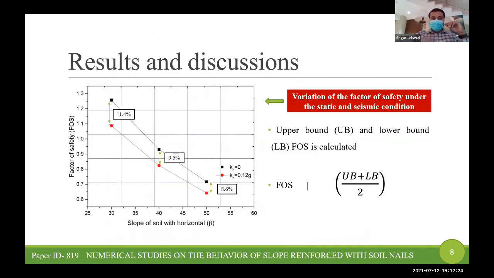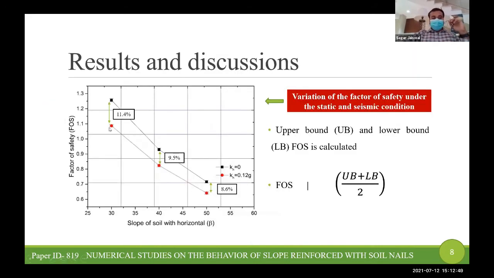I would like to start with the results discussion. This is the basic diagram of the factor of safety with the soil slope angle from the horizontal, that is beta, and KH is the static condition. Here KH equal to 0 is the static condition, and KH equal to 0.12 is the pseudo-static acceleration that has been provided in the direction of failure.